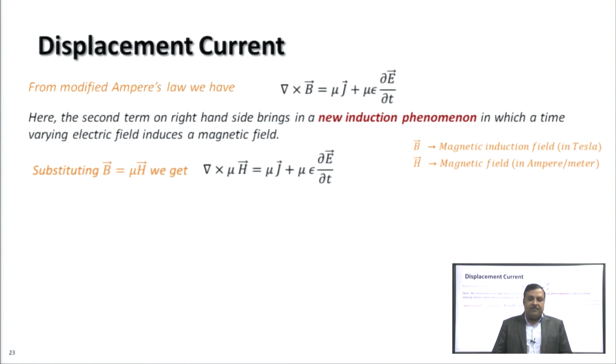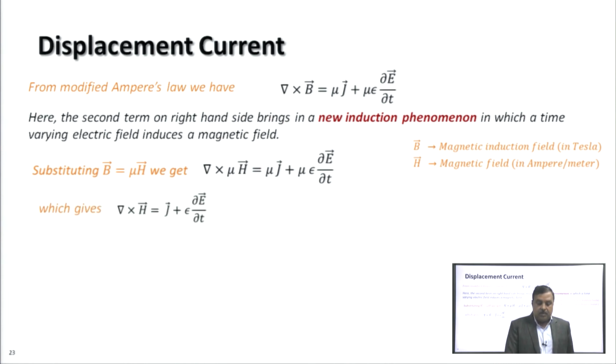We write magnetic field B in Tesla, the unit of B is Tesla, but the unit of H is ampere per meter. So, in modified Ampere's law we can substitute B equals mu H, and then mu on both sides can be cancelled. So, modified Ampere's law can also be written as del cross H equals J plus epsilon delta E by delta t.